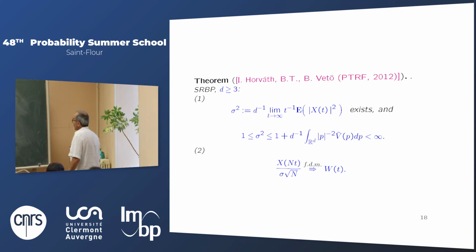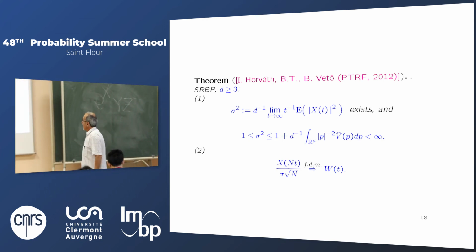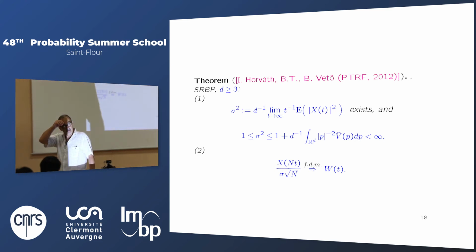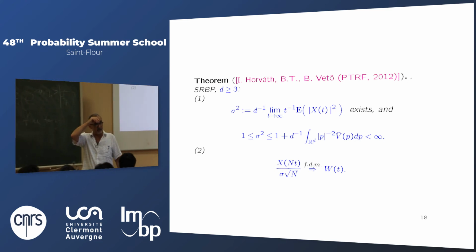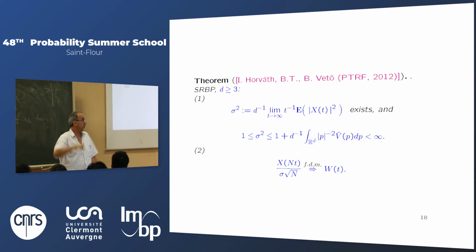And so I start from this stationary initialization, and the statement is that the process does have a limiting variance. So the variance divided by t of the displacement divided by t does have a limit, which is not automatic in non-self-adjoint cases, right? It's part of the problem.